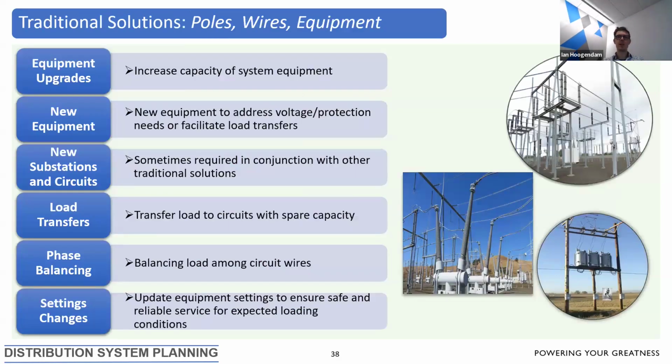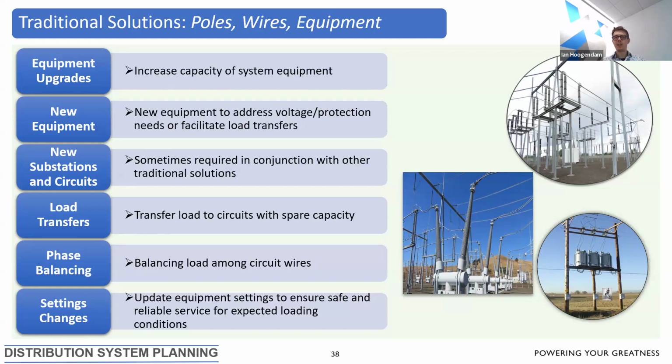So when we address grid needs, traditional solutions could typically involve upgrades, expansions, or reconfigurations of the distribution system. Equipment upgrades like upgrading wires and distribution transformers are sometimes required to accommodate the projected increases in power demand.